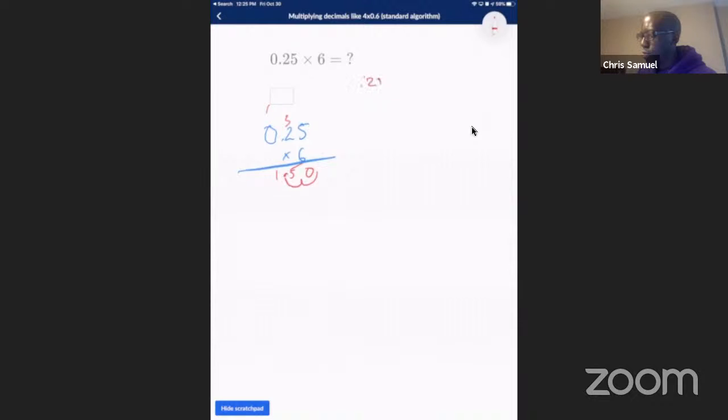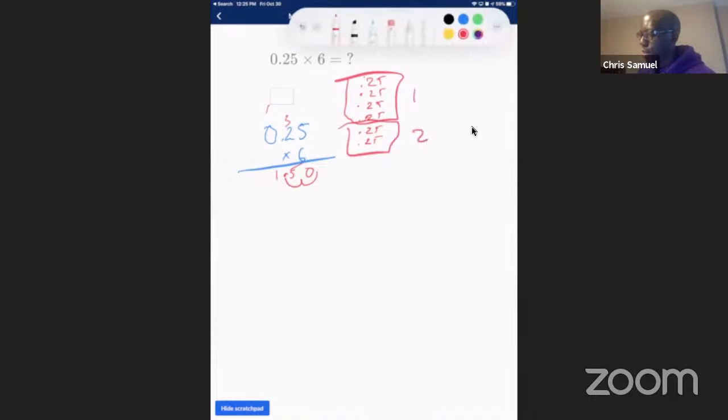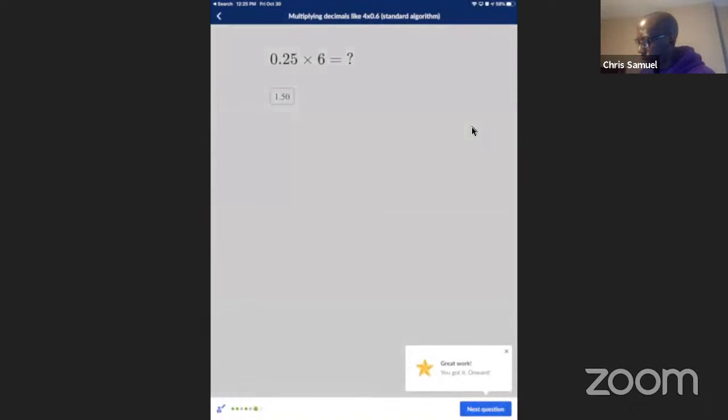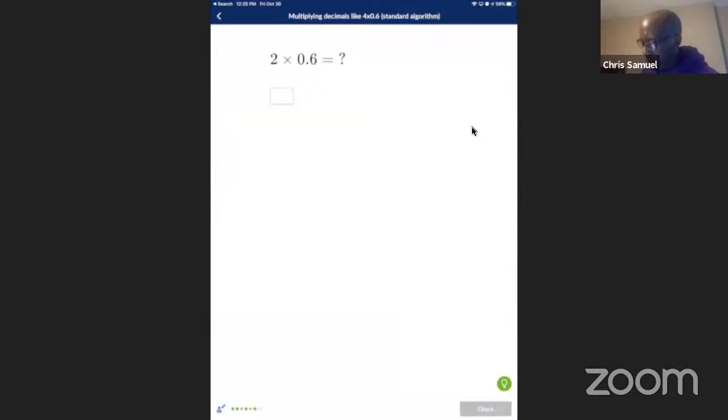So if you look at it from here, it's just like this. 1, 2, 3, 4, 5, 6. It's 1. And that's 2. No, yeah, that's 0.5. So it's good to do that. You have 1.50. Move on to the next one.